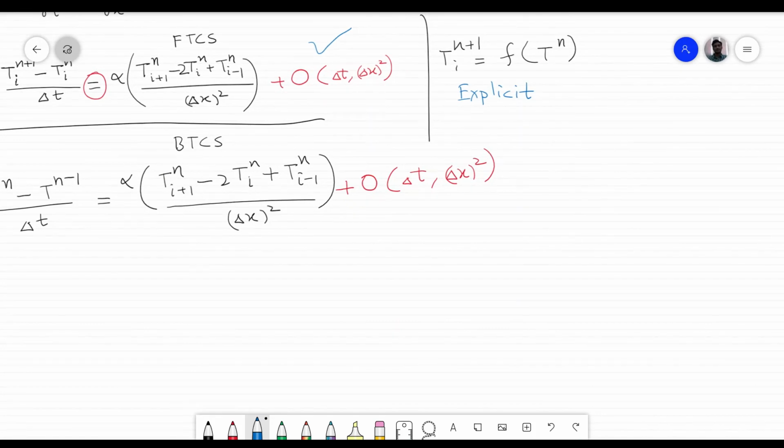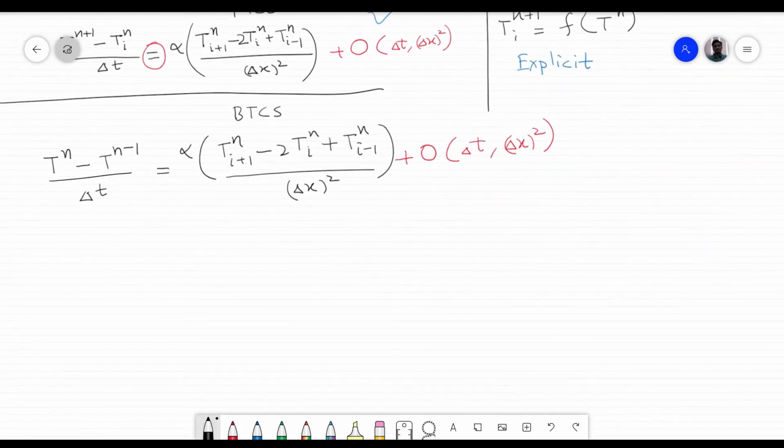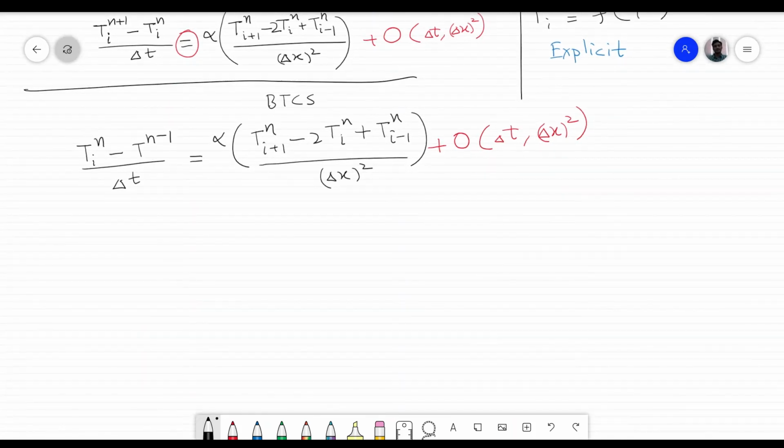And the second one, as you can see here, we cannot get this temperature at nth time step in terms of temperature at n minus 1. So on the right hand side I have missed these i's. Here if you want to write T i n, let us write this.